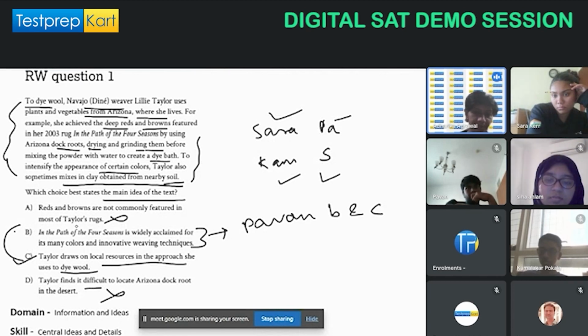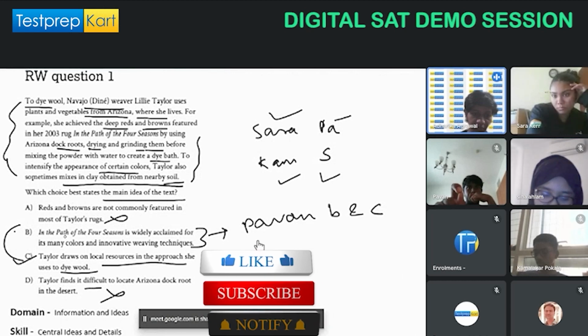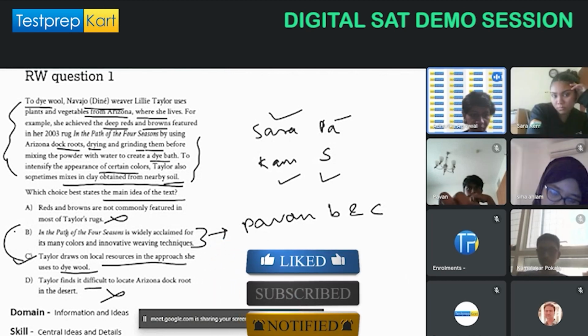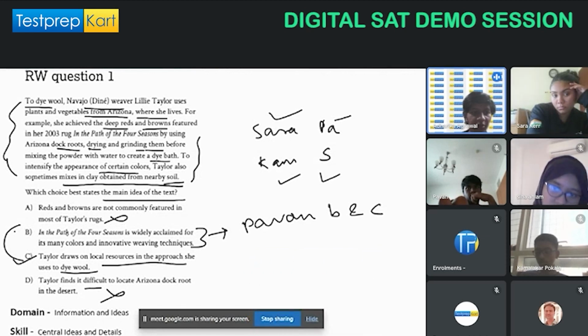Because I think C describes the whole passage as a whole, whereas the second option B is talking about a certain segment of the economy. Because in B, they didn't mention that the Path of Four Seasons is widely acclaimed, and they didn't mention the innovative weaving techniques as well. That's why C is the correct one.